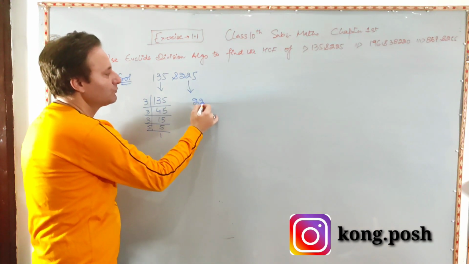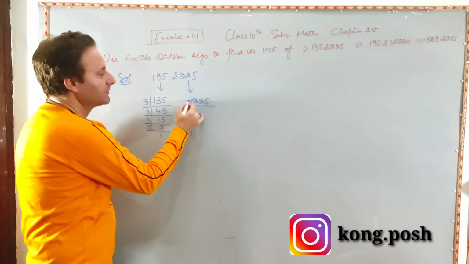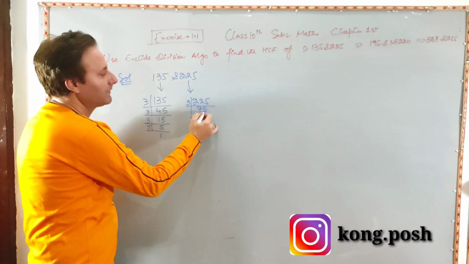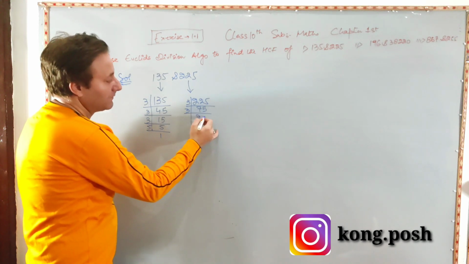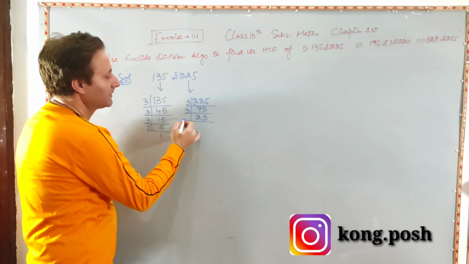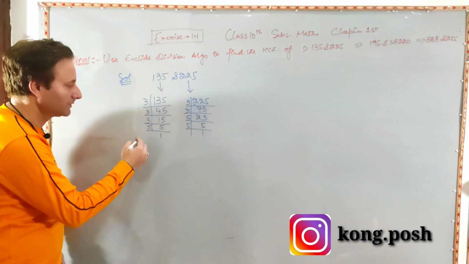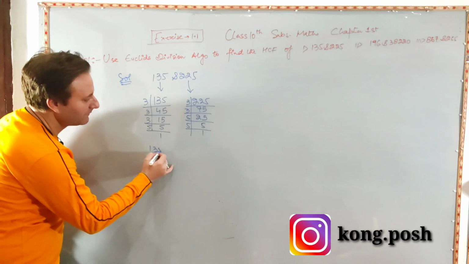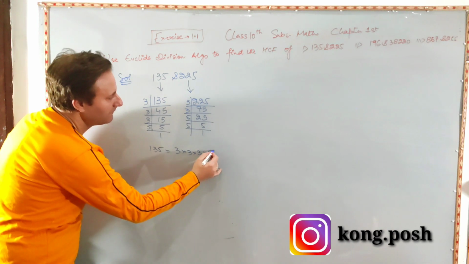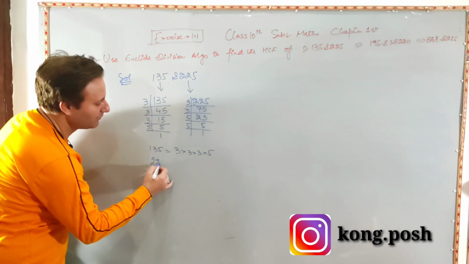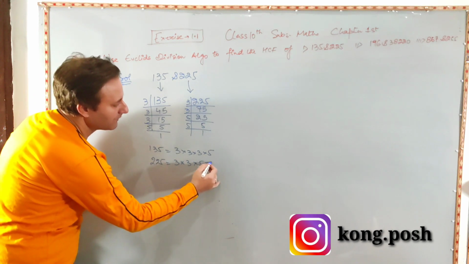It is 2, 2, 5, which is divisible by 3, 3 into 75, 3 into 25, then 5 into 5, 5 into 1. So the factors of 135 are 3 into 3 into 3 into 5, and the factors of 225 are 3 into 3 into 5 into 5.